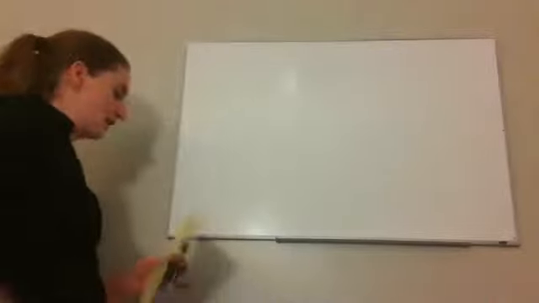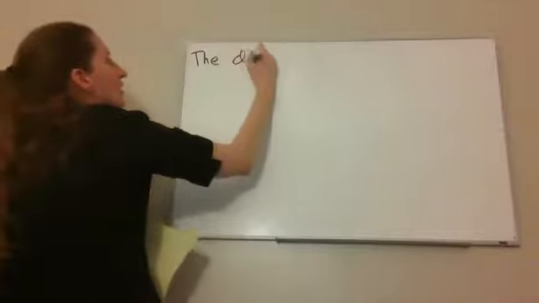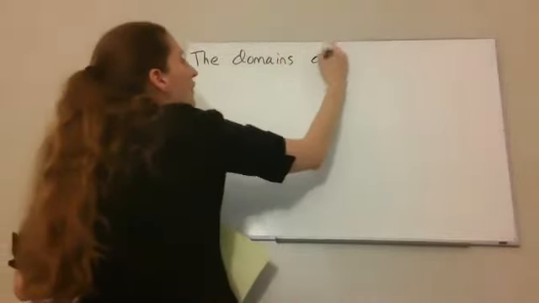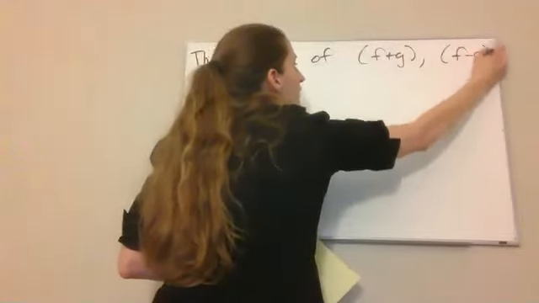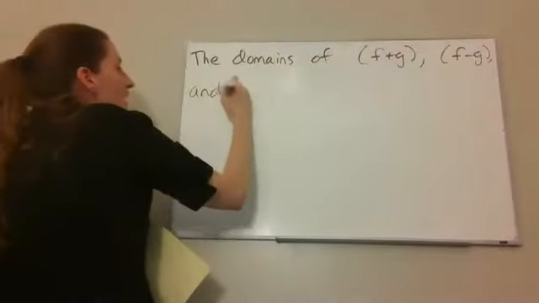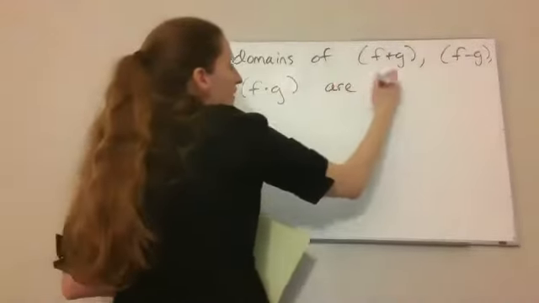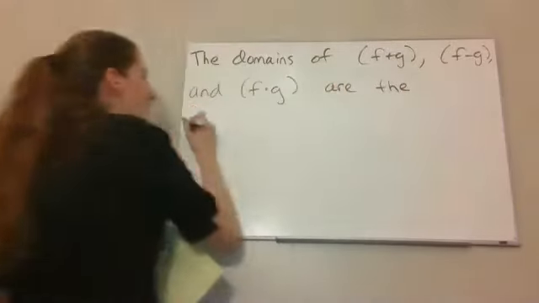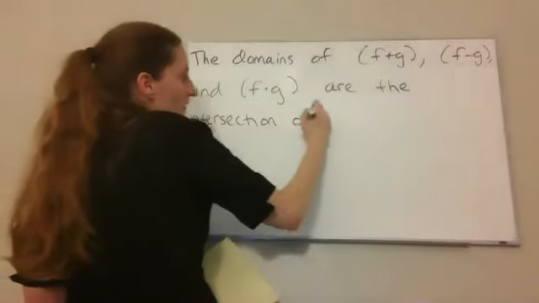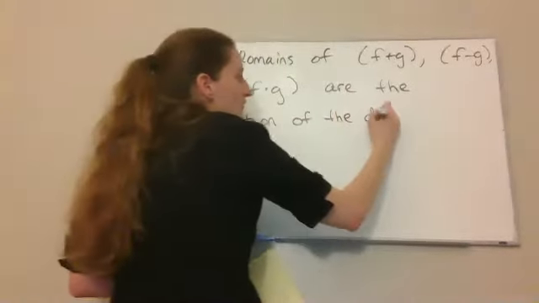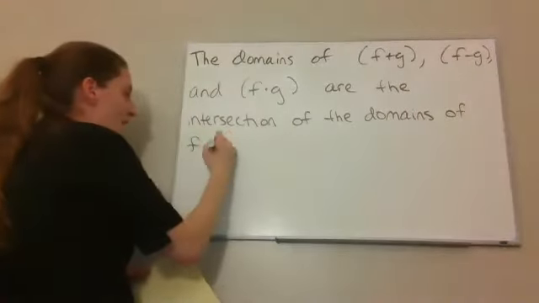So the domains of f plus g, f minus g, and f times g, all of those domains are the intersection of the domains of f and g.